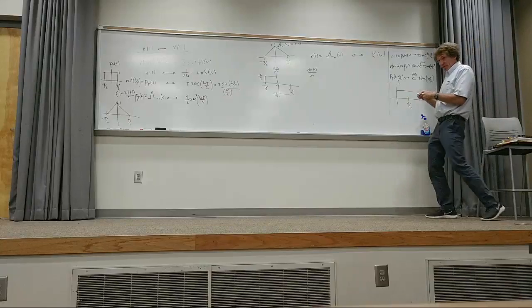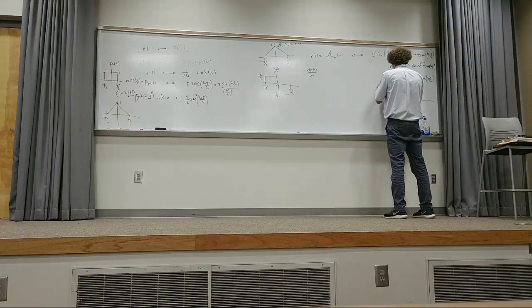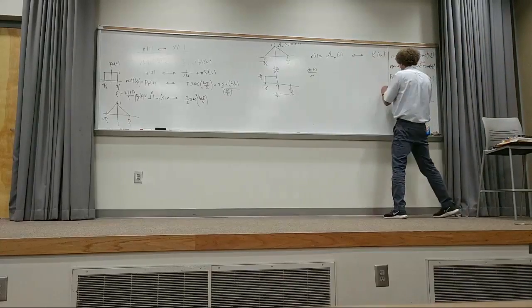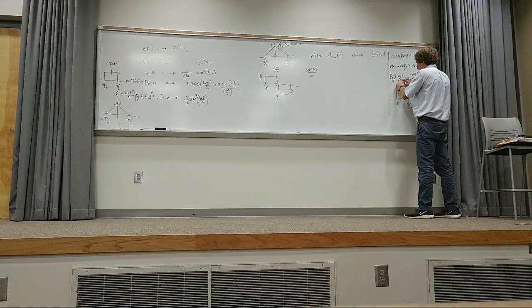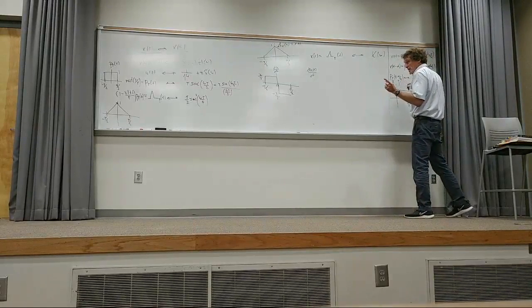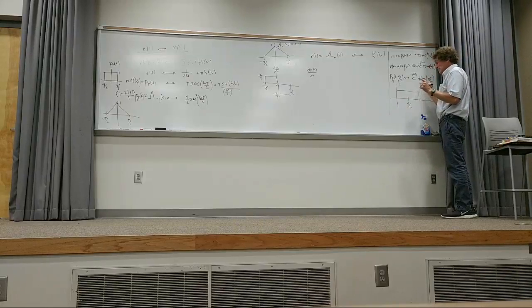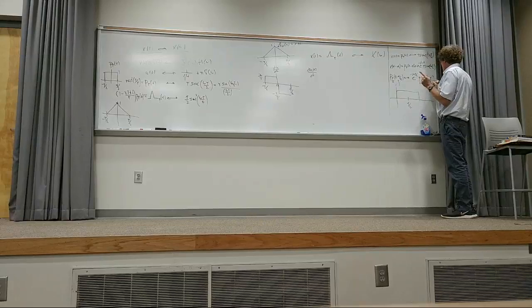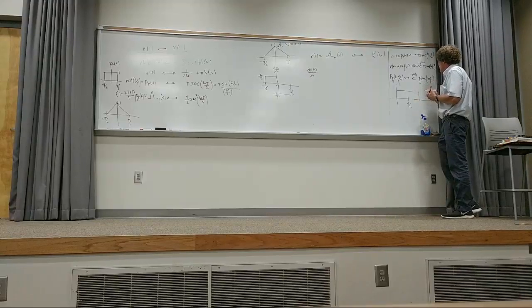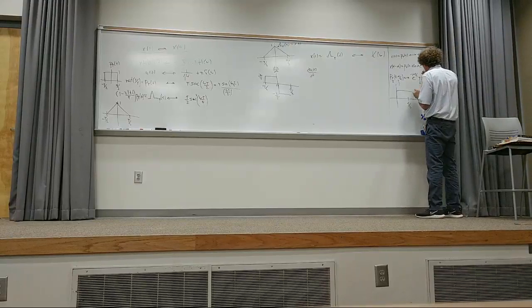So if I make this tau over 2, the center would be tau over 4, do you agree? This would be tau over 2, and then this would be tau over 2 divided by 2, or tau over 4, and this would be tau over 4 as well.